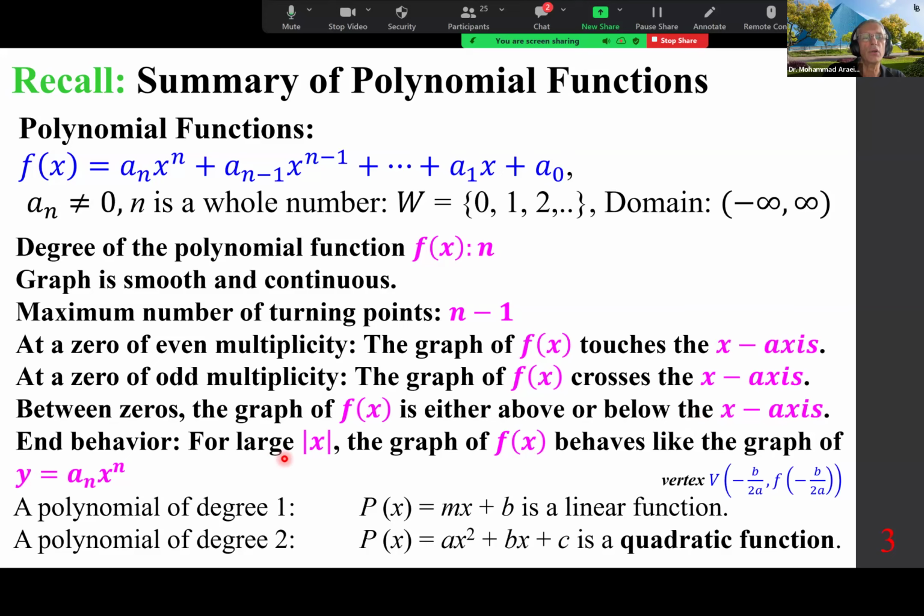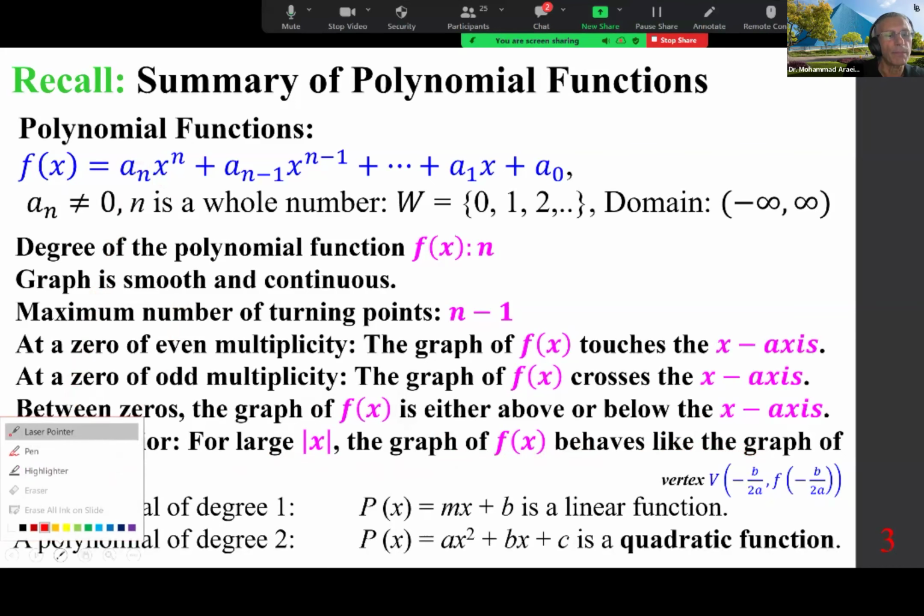End behavior. For large values of x, the graph of f of x behaves like the graph of its leading term.